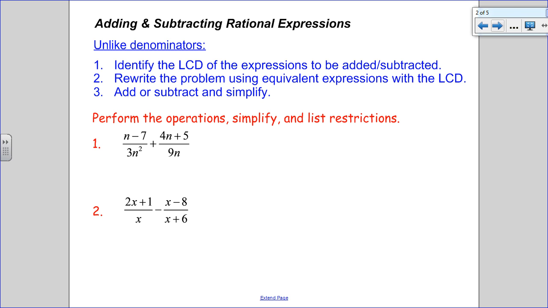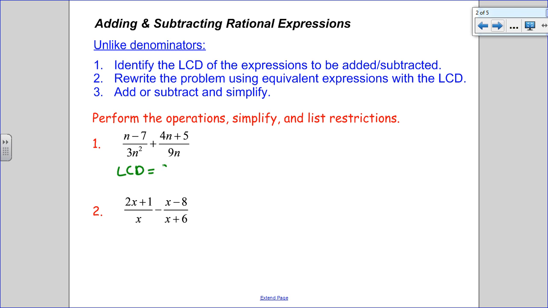Now let's consider problems involving unlike denominators. First, we will identify the least common denominator of the expressions to be added and subtracted. Then rewrite the problem using equivalent expressions with that LCD. And finally, add or subtract and simplify the answers. Example number 1, the denominators are 3n squared and 9n.